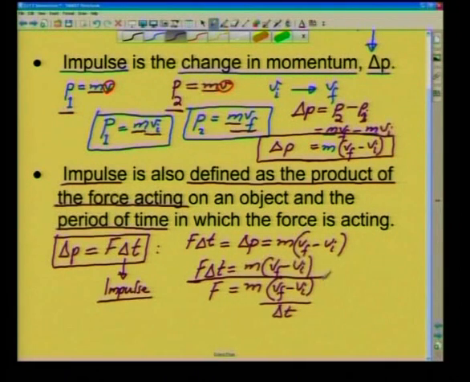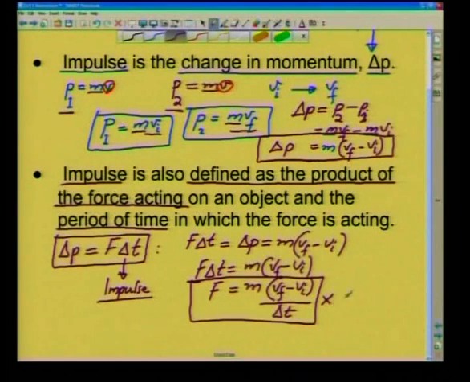Okay, now this gives me the force that is acting on that object for it to change its momentum from an initial value to a final value. Okay, so that is one very, very important equation or formula, but understand where it comes from.